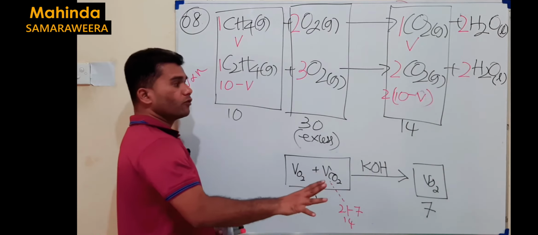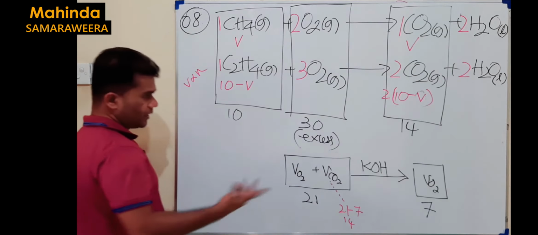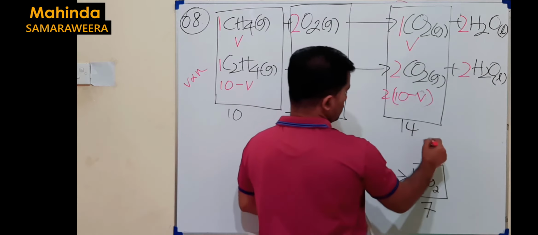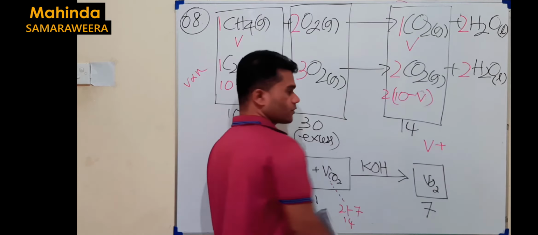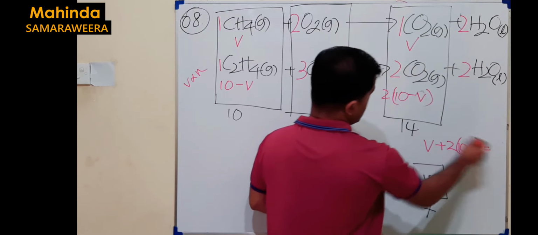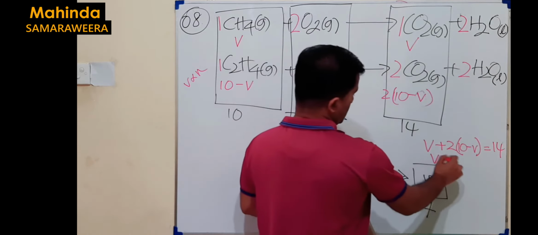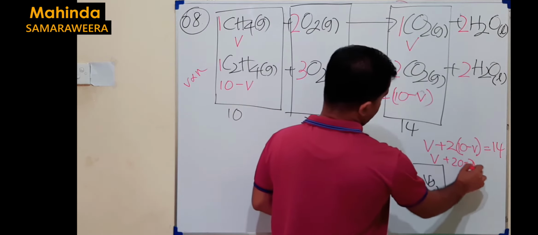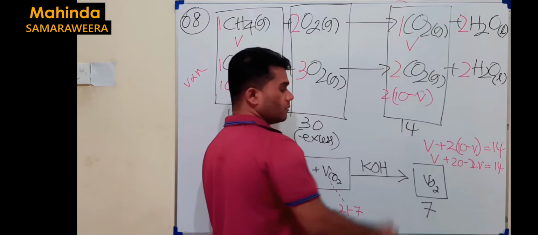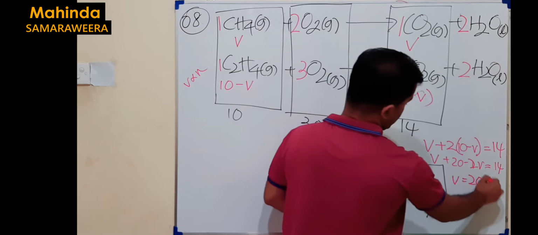But do you know the volume of carbon dioxide? Yes, it's 14. From that you can finally find the volume V. You can write it like this: the volume of carbon dioxide formed in the first reaction plus the volume formed in the second reaction is equal to the total volume of carbon dioxide. V plus 20 minus 2V equals 14. V minus 2V is minus V. We take that to the other side and 14 to this side: 20 minus 14.